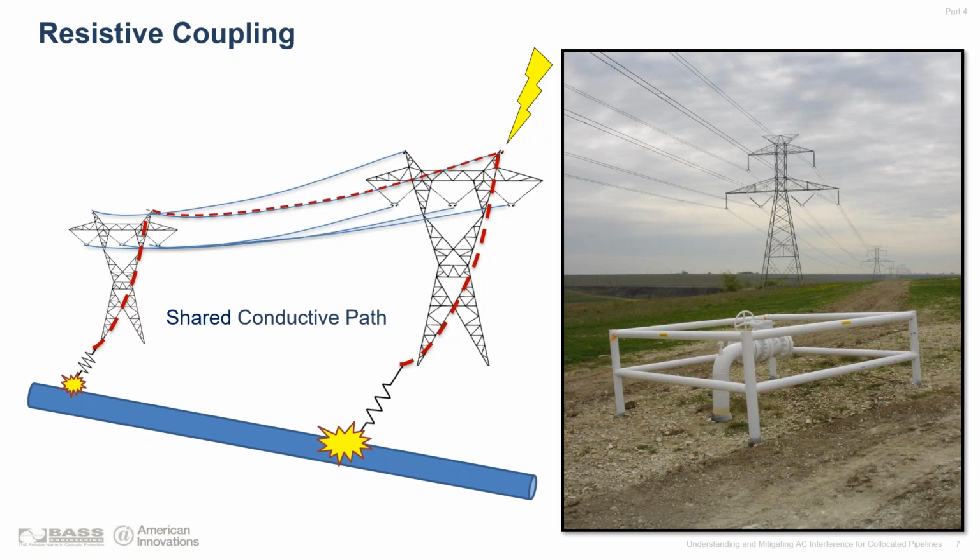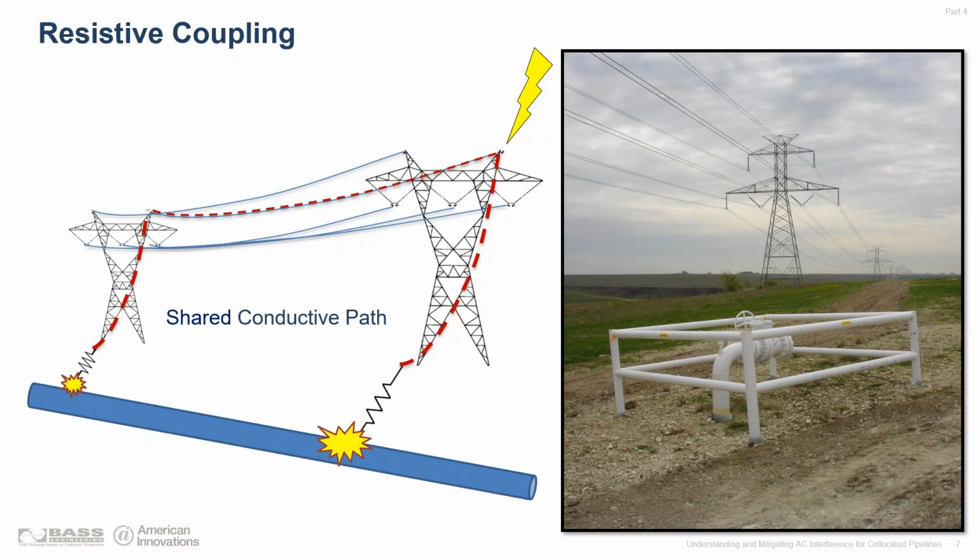Any excess energy that they have on their power lines, they're going to find a way to get rid of it. Unfortunately for us, it's going to ground where a pipeline is, and so then you can get that energy onto your pipeline. And because these are pretty random events, you can't predict when they're going to happen, and they can very often be of a high magnitude, you could create disbondment in your pipeline coating.